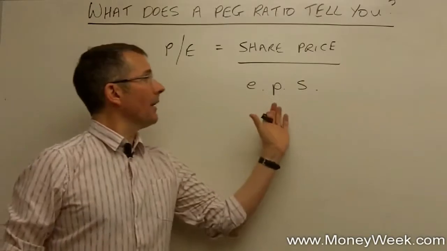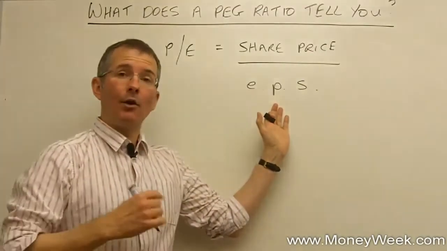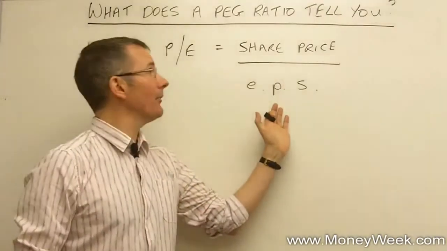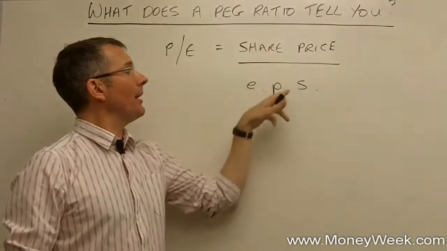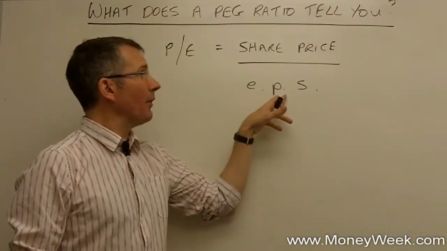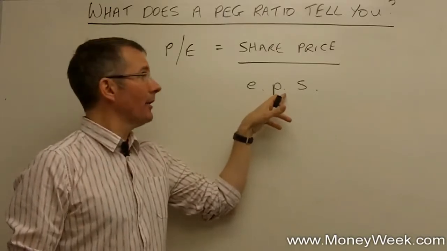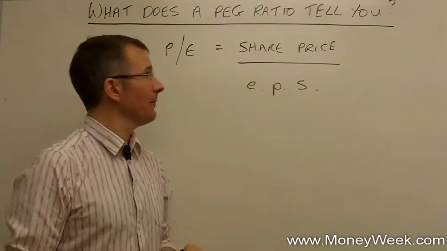This is normally last year's earnings per share figure, although in fairness you can look 1 year forward and make an estimate, but essentially it says, if the share price is 20 times 1 year's earnings per share, then you're going to wait about 20 years to get your money back if earnings per share doesn't change.